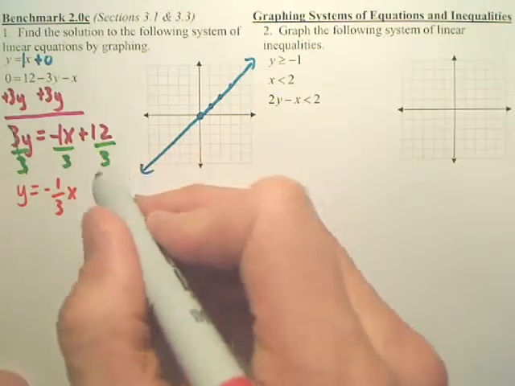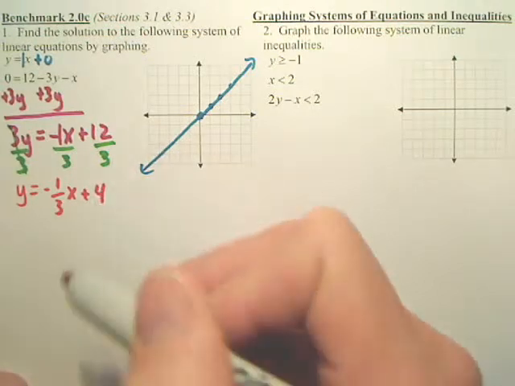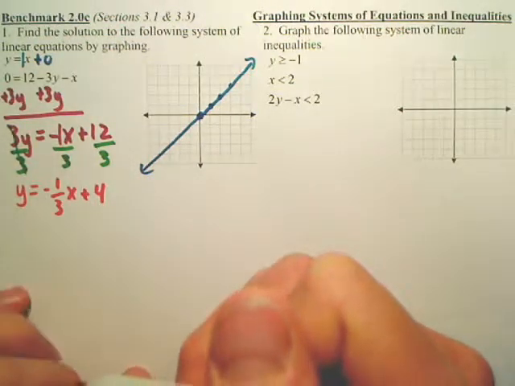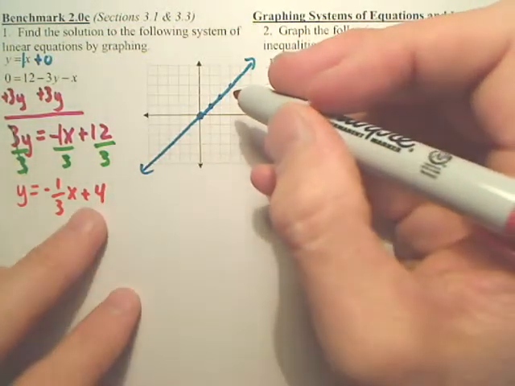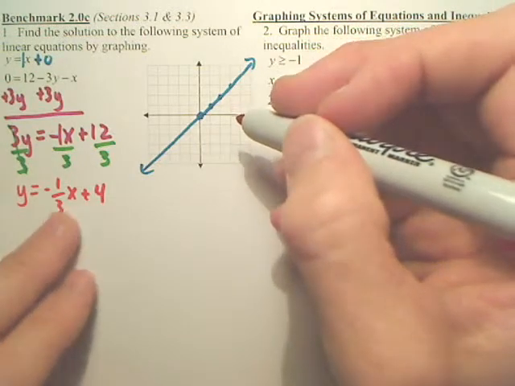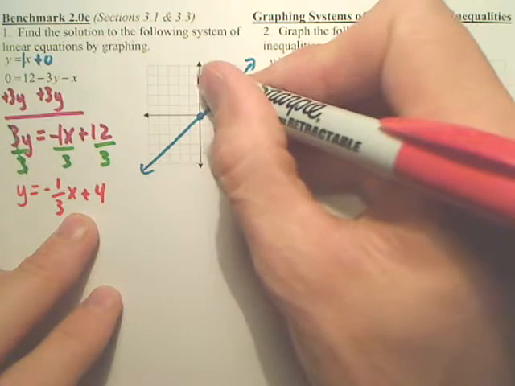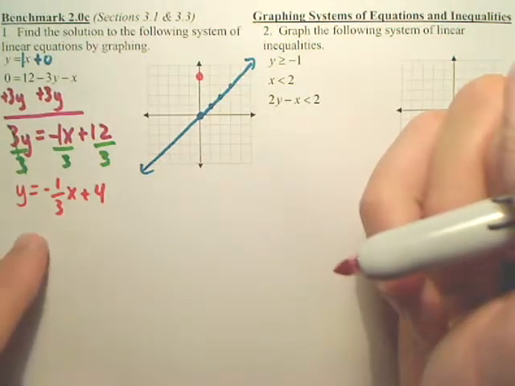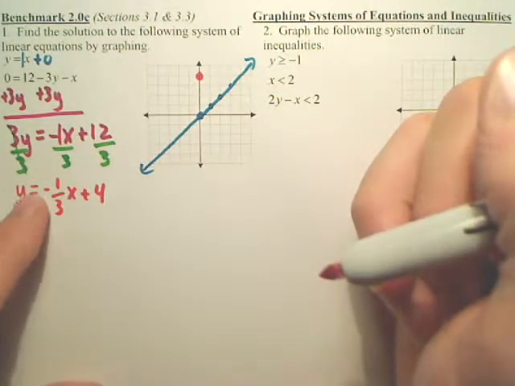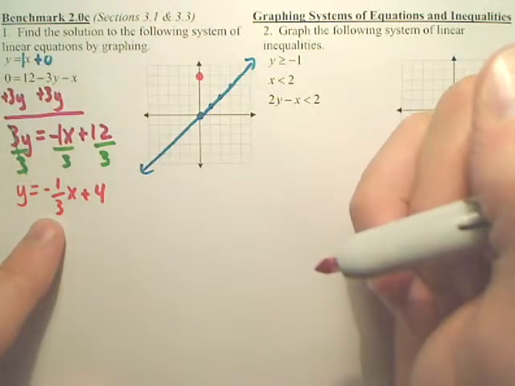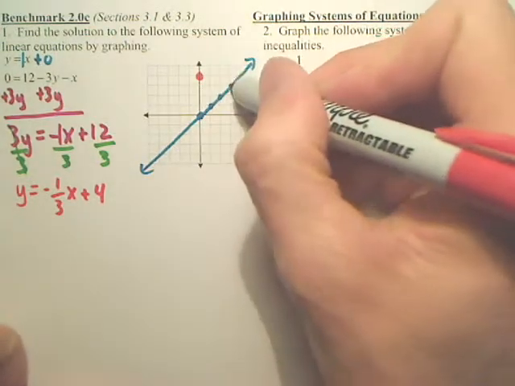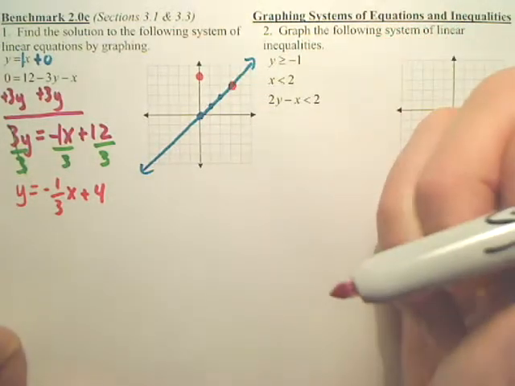And 12 divided by 3 is positive 4. So that means I am going to, for this particular graph, where am I going to begin? At 4. And my slope says I'm going to go down 1 and over 3. So down 1 over 3, oh, I got a nice little hit.